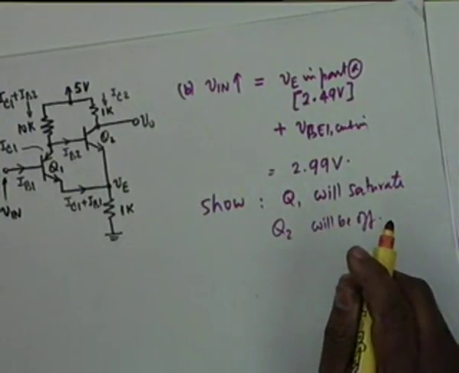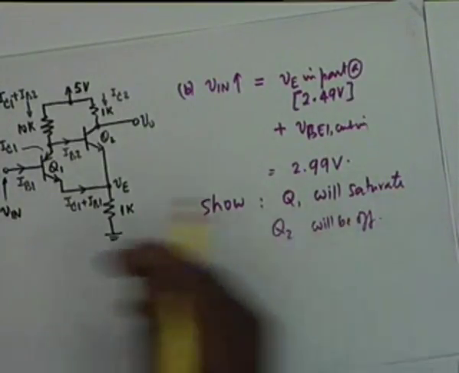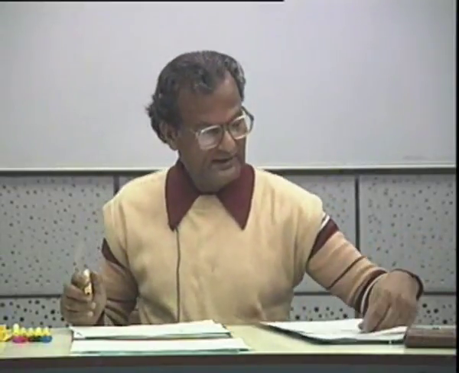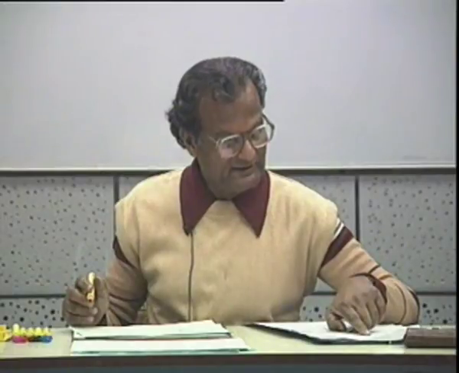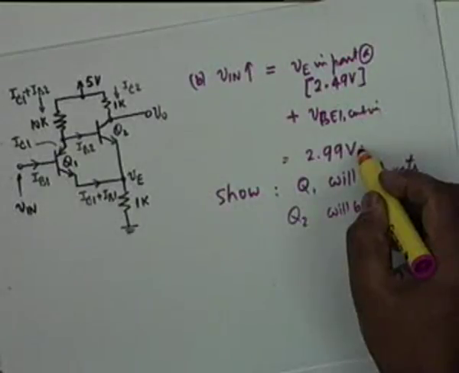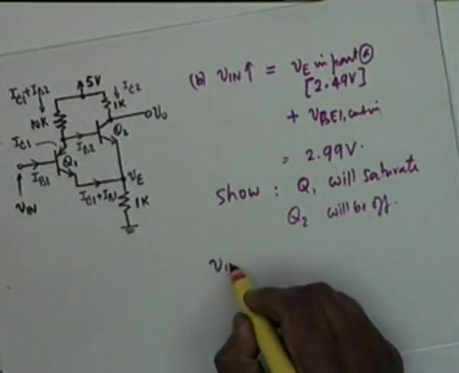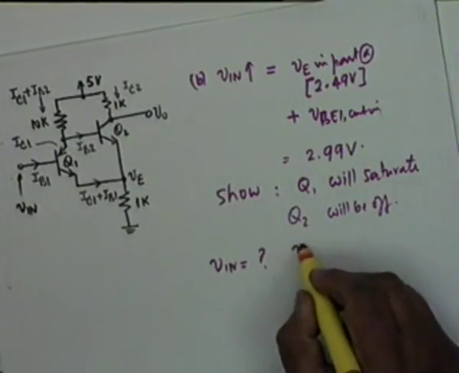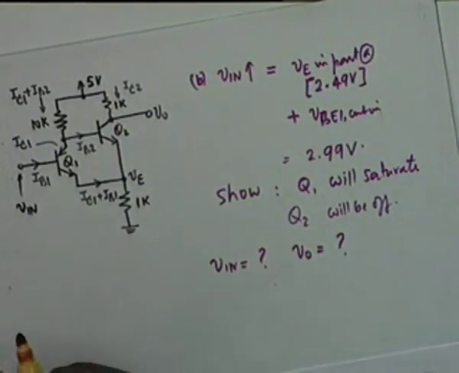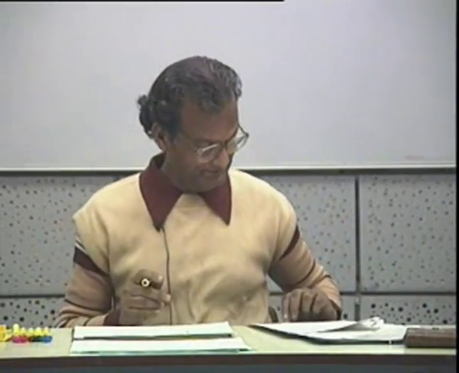And under this condition, you have to find Vin. We have already found it. Find Vin and the resulting V0. All right. This is what we have to find out. So assume that it is so.